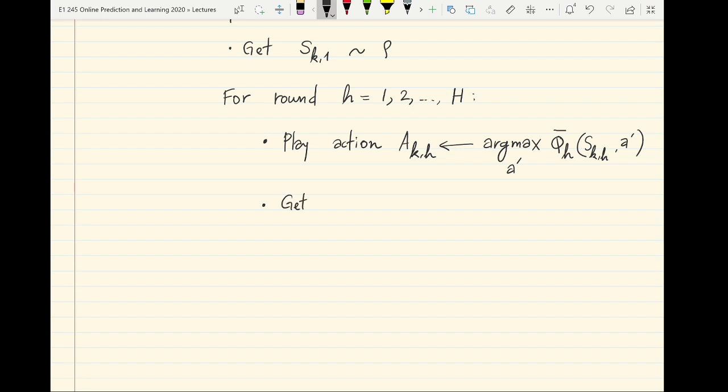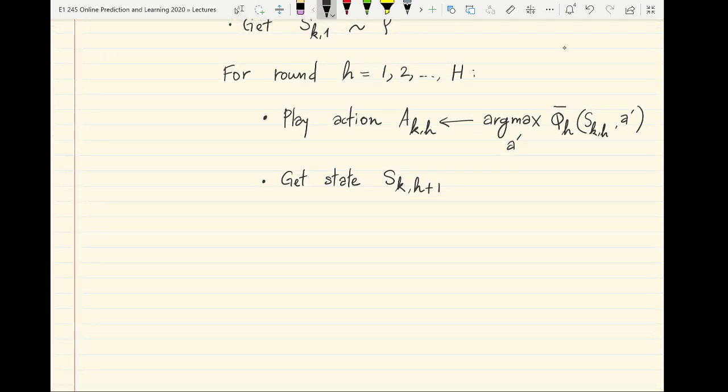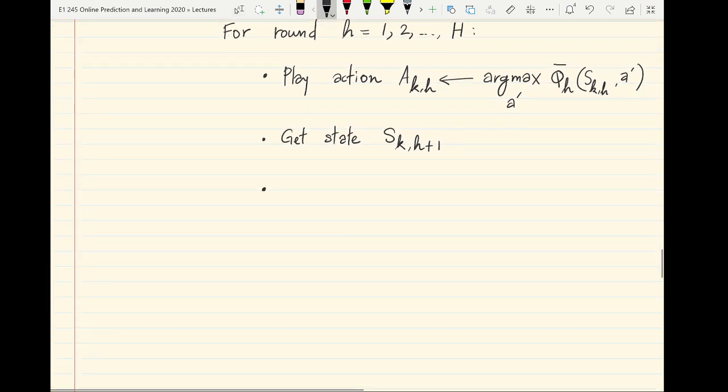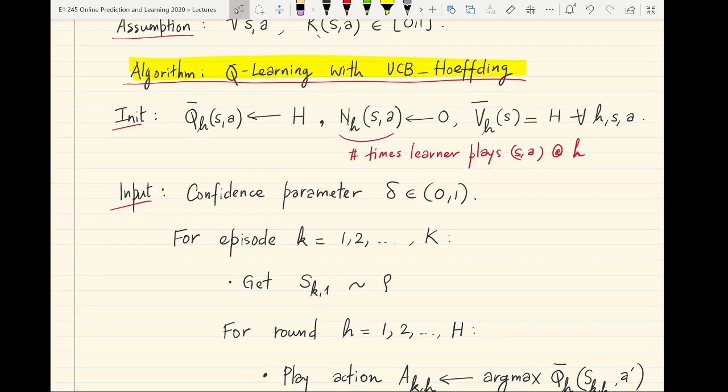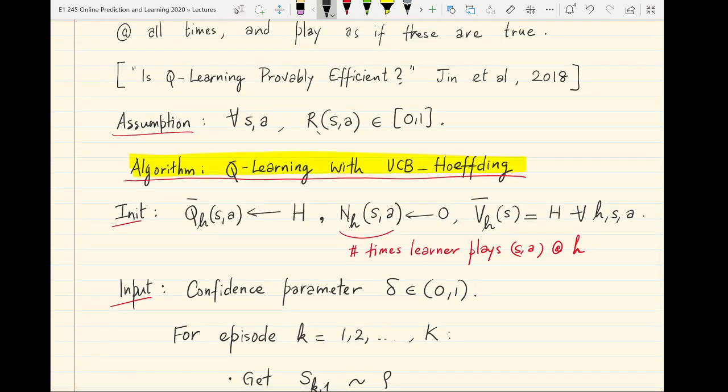Following this, the learner naturally receives the next state. So, by the way, we will also assume in this analysis that R is known.